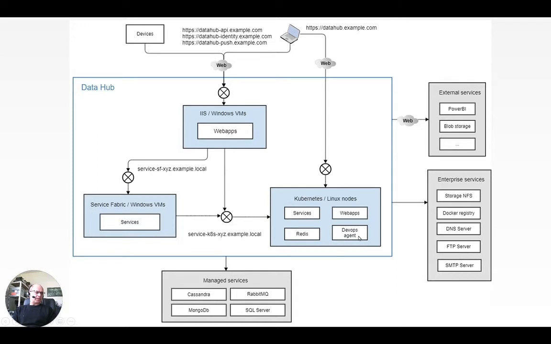And lastly, we have DevOps agents here on Kubernetes. These are actually Microsoft Azure DevOps agents. The deployment of web apps and services is made through Azure DevOps release pipelines, and we use this to automate deployments and releases. We will see that on the next slide.